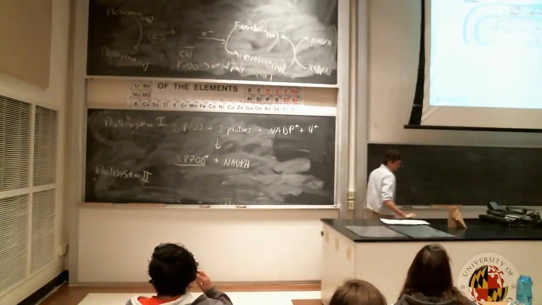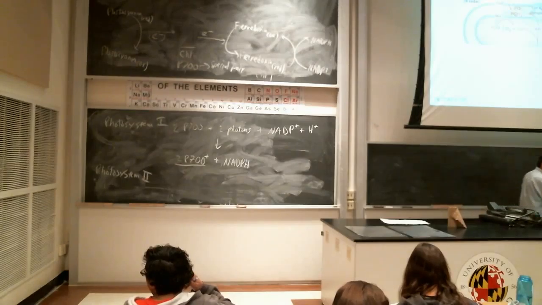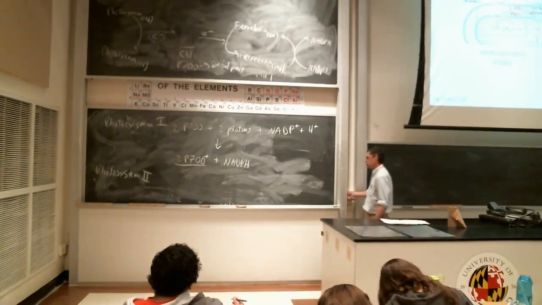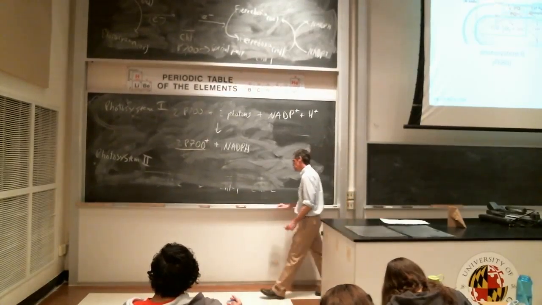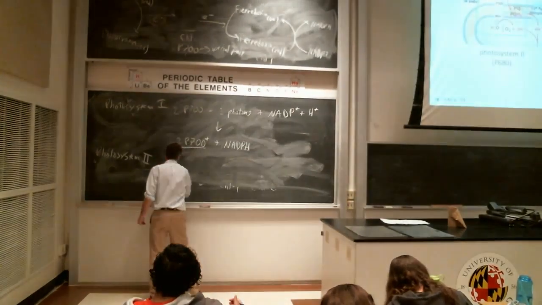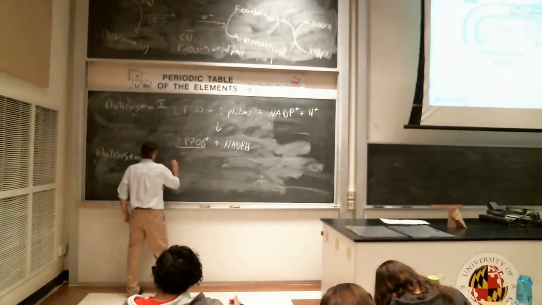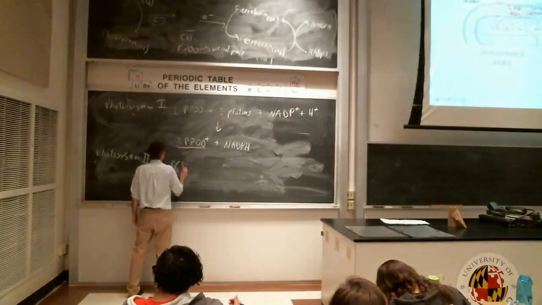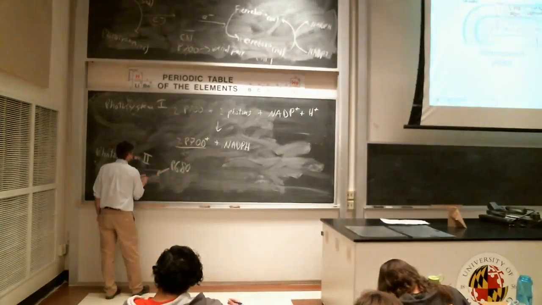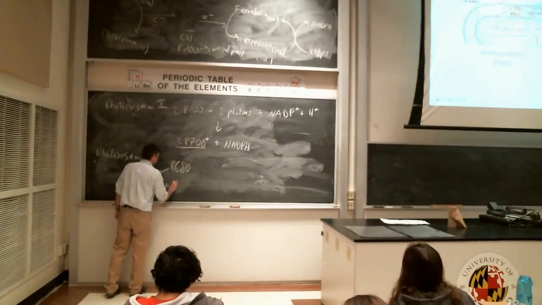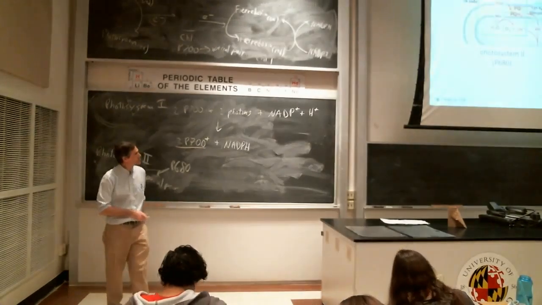And photosystem 2 is structurally very similar to photosystem 1 in that it has lots of proteins and chlorophylls. Photosystem 2 will do the following reaction. The special pair in photosystem 2 is called P680 because it absorbs light at 680 nanometers.